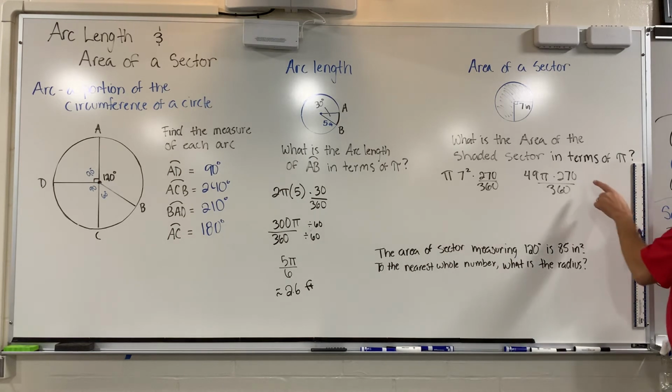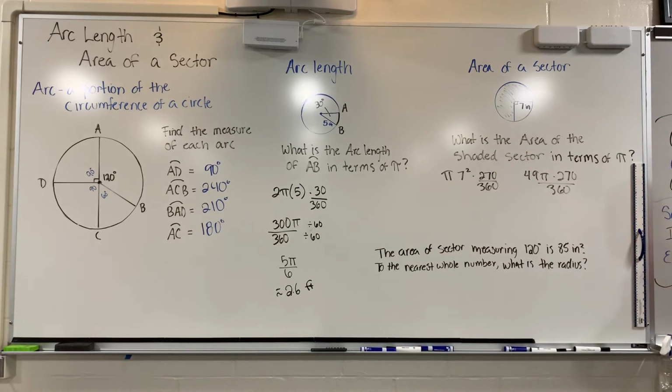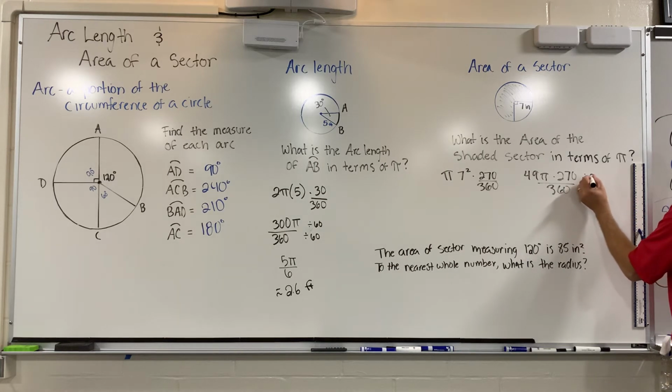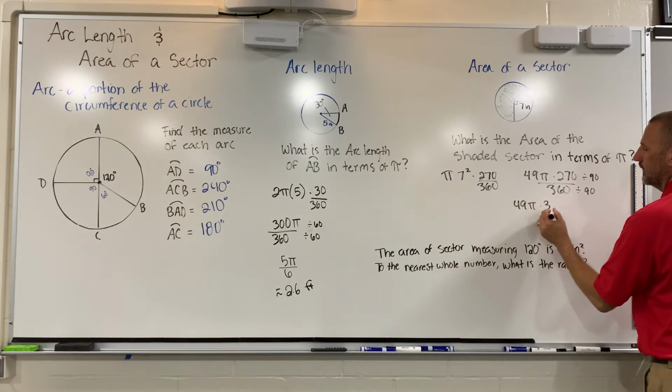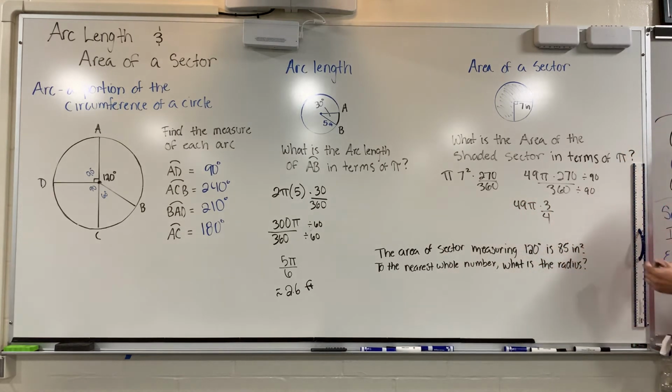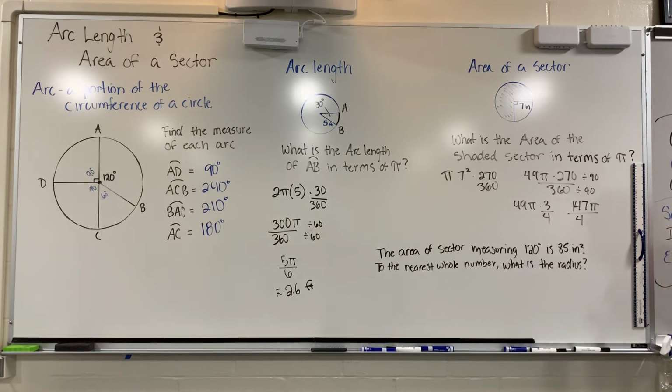So let's see, being as though that's 90 degrees, 270 and 360 both divide by the number 90. So I'm going to go ahead and do that now. And that's going to give me 49 pi times 3/4. When I multiply that out, I get 147 pi over 4. Again, normally they'll say leave in terms of pi.